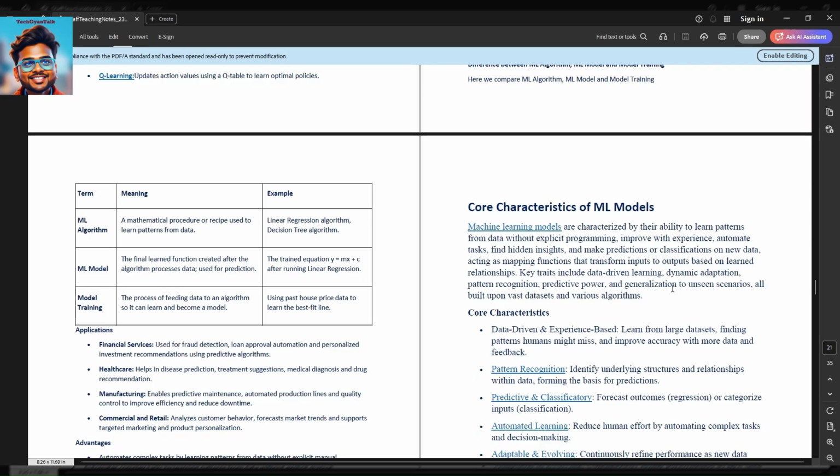An ML model is the final learned function created after the algorithm processes data, used for predictions, like the trained equation y = mx + c after running linear regression. Model training is the process of feeding data to an algorithm so it can learn and become a model, using past house price data to learn the best fit line.